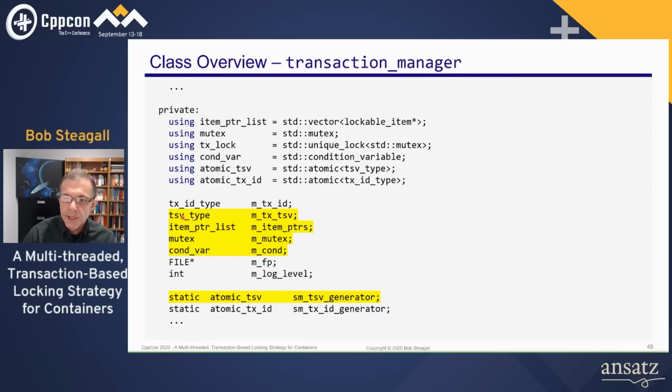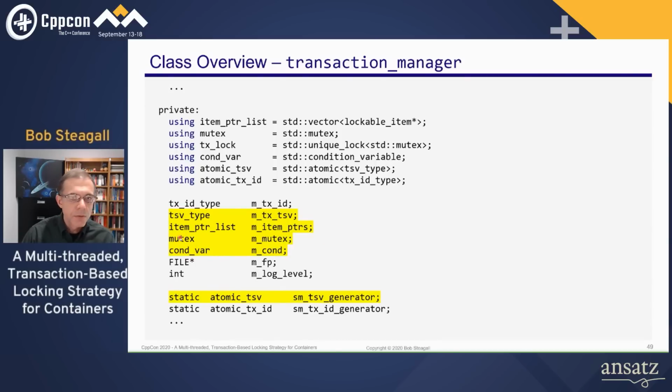We have a timestamp value, which indicates the timestamp that is current, and the transaction that is currently in progress. I have a vector of pointers to lockable items. This vector of pointers to lockable items indicates the members of the update group.